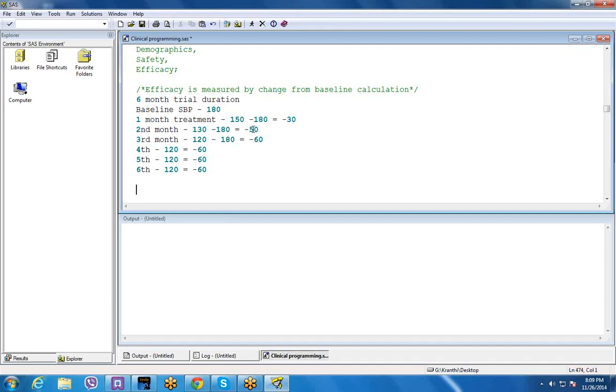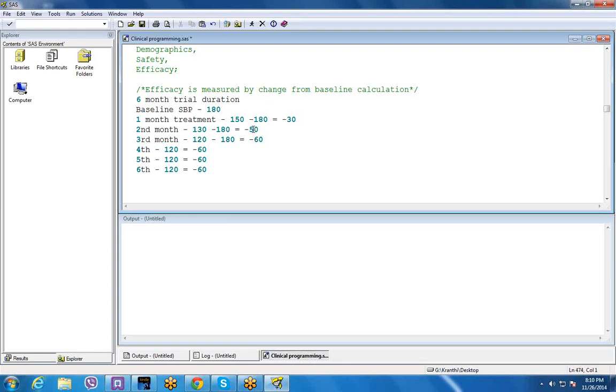To prove the efficacy, every time we use this type of calculation. We should have the baseline values, and after giving the medicine we collect the values. So change from baseline always shows the efficacy of the drug. Whenever you face an interview question about efficacy tables, whatever the table may be, the primary thing is that the change from baseline calculation gives the results of the efficacy.